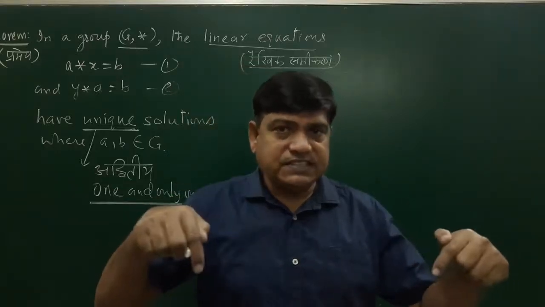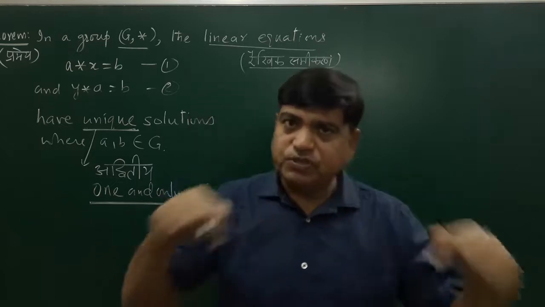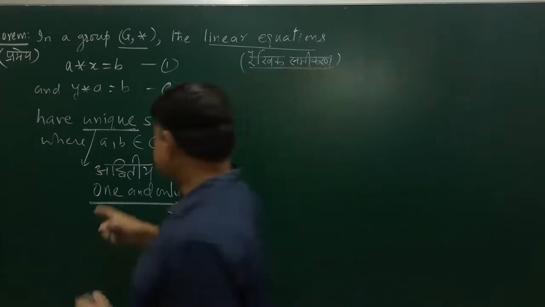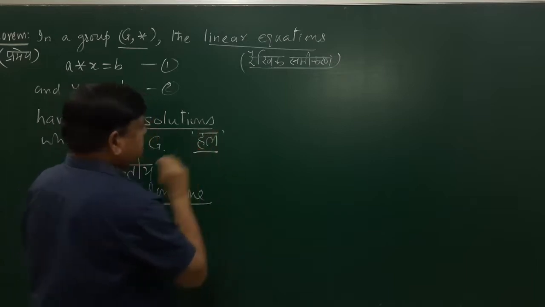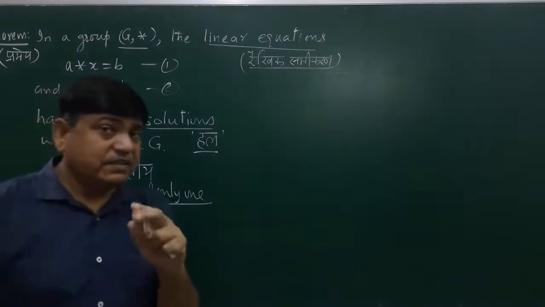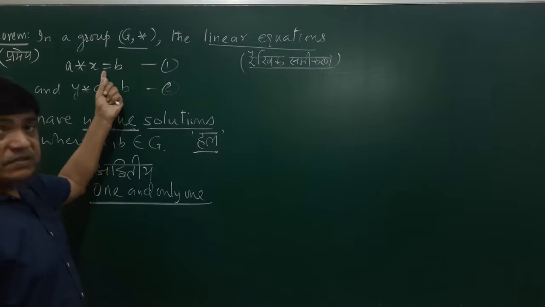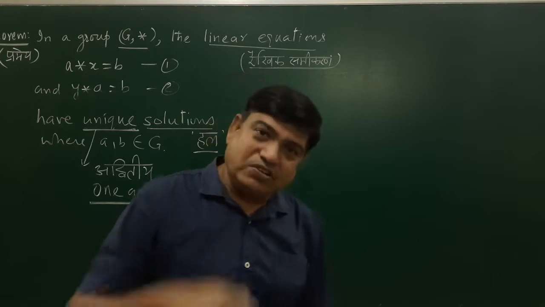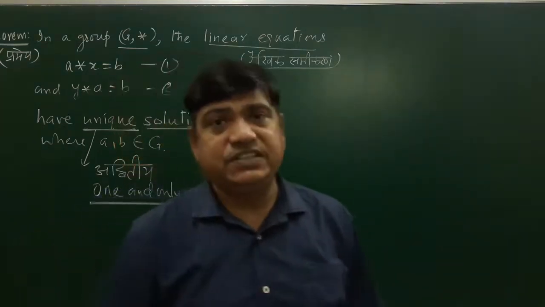Try to assume two things and try to prove them equal. दो सपोज करो और उनको इक्वल प्रूव करने की कोशिश करो. सॉल्यूशन मीन्स हल. दो बातें प्रूव करनी हैं. एक तो इसका सॉल्यूशन होना चाहिए and this solution must be one and only one. सॉल्यूशन तो होना ही चाहिए, लेकिन वो सॉल्यूशन यूनिक होना चाहिए.